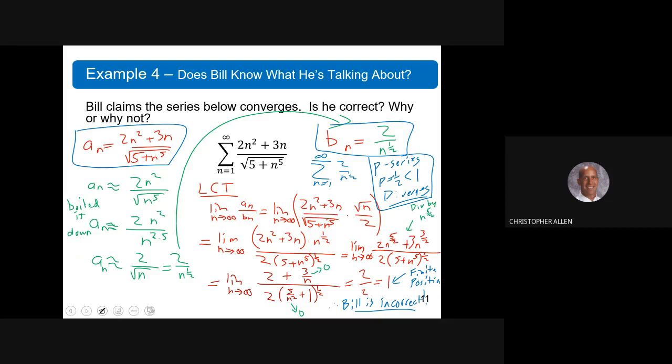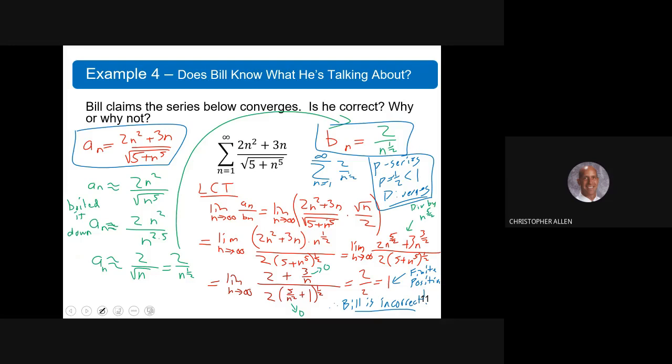As we finish up here, a couple of final thoughts. Be very careful about assuming things. As we started this problem, I'm guessing that some of you might have looked at this and thought, oh, that's going to converge, because the square root of n to the 5th is like n to the 2.5, and that's n squared, so the bottom has a bigger power, so it's going to converge.